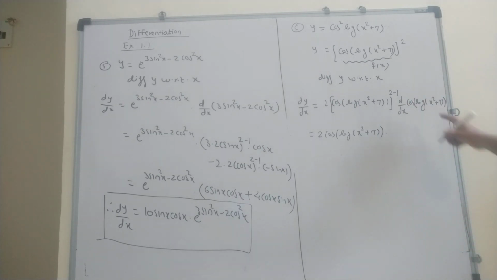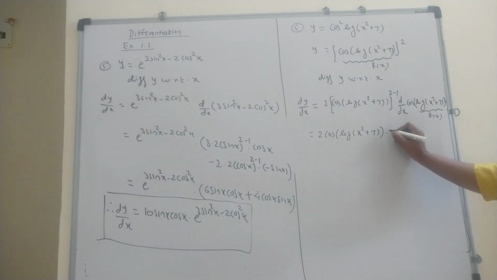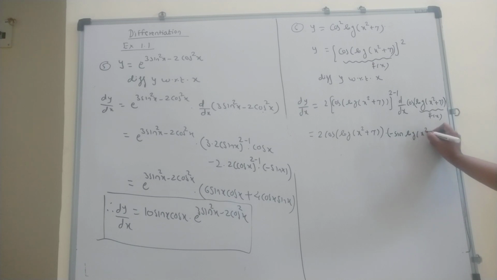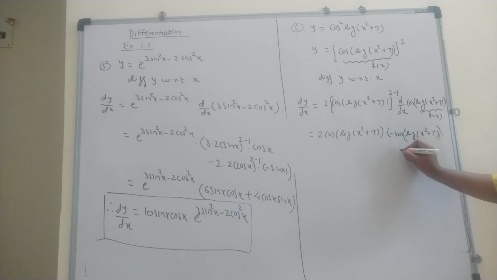Now this function is again composite. Outer is cos, inner we will consider as f(x). So which form? The derivative of cos of f(x) is minus sine of f(x) multiplied by the derivative of f(x), that is the derivative of the inner function.